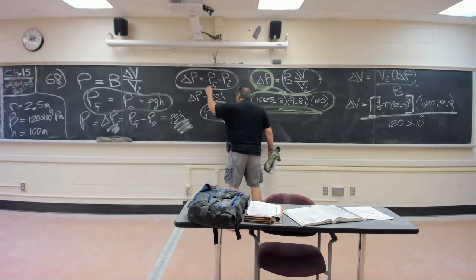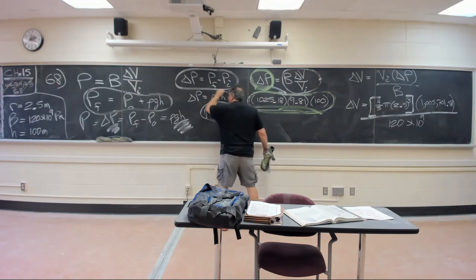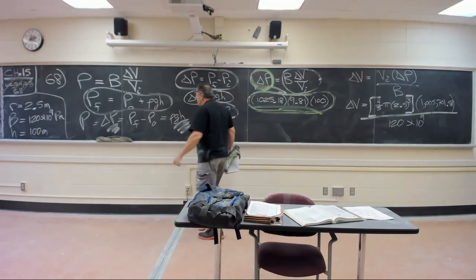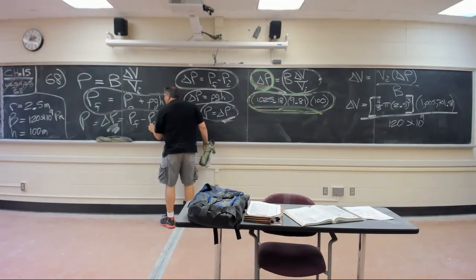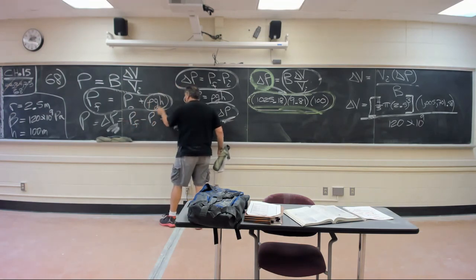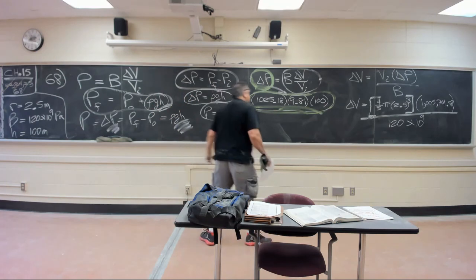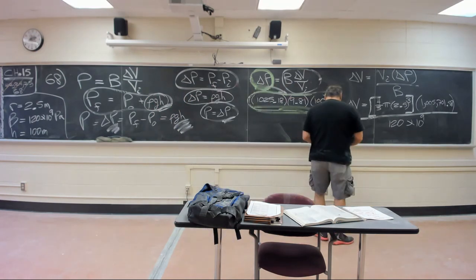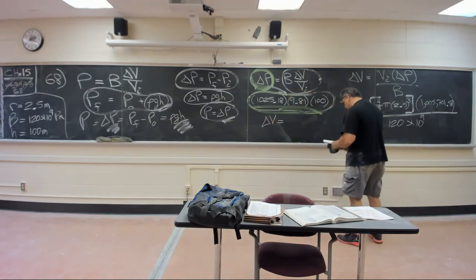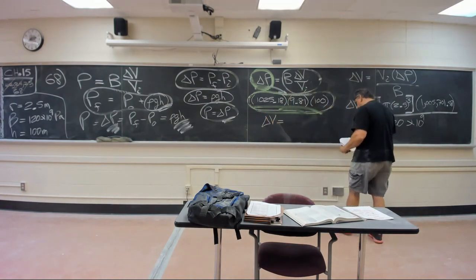This is rho g h plus P0. This is P0. Rho g h plus P0 minus P0 is just rho g h. This guy's P0, this guy's P0 plus rho g h. Rho g h is the end of the story, guys. When you do this, it ain't much.